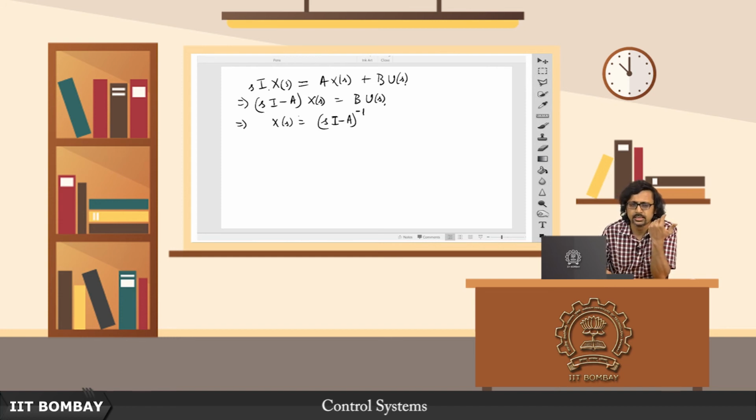It cannot be that no matter what value of S you take, this is going to be singular. So we do not take this to be singular, and if it is not singular then it is invertible. So if it is invertible, then we have S I minus A inverse B us, so that is our x.